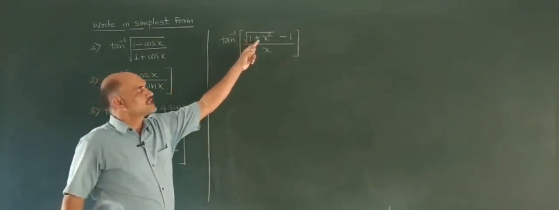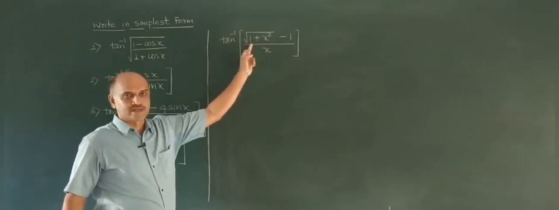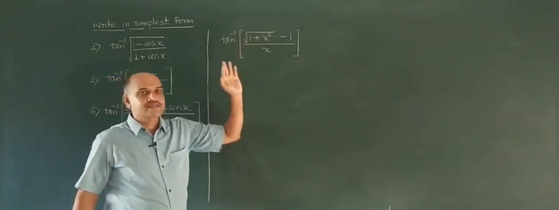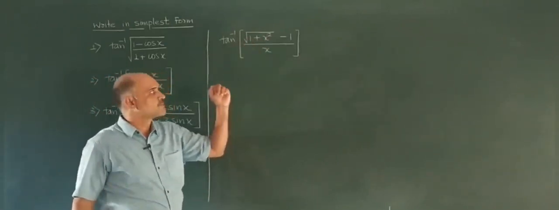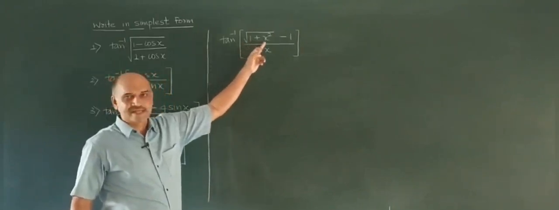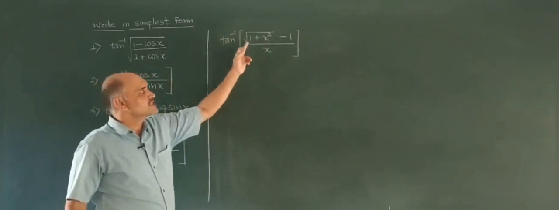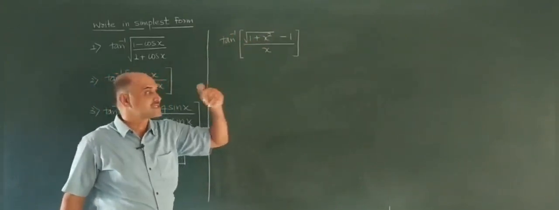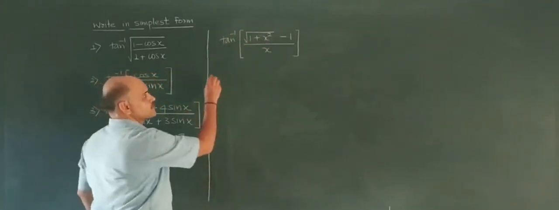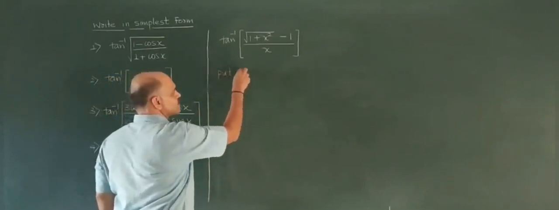In the root there is 1 plus x square, so you take x equal to tan theta. If there is 1 minus x square, we take x equal to sin theta. So put x equal to tan theta.